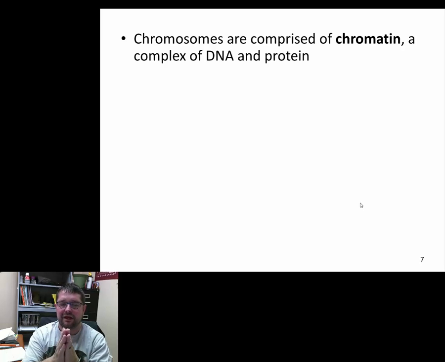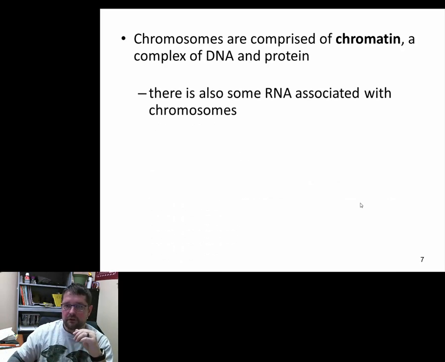Remember that DNA has a slight negative charge, due to the phosphorus on the backbone, and most proteins have a positive or neutral charge. A lot of proteins have a positive charge, so the protein's attracted to the DNA. There's always going to be some association of proteins and DNA, and that makes up chromatin.